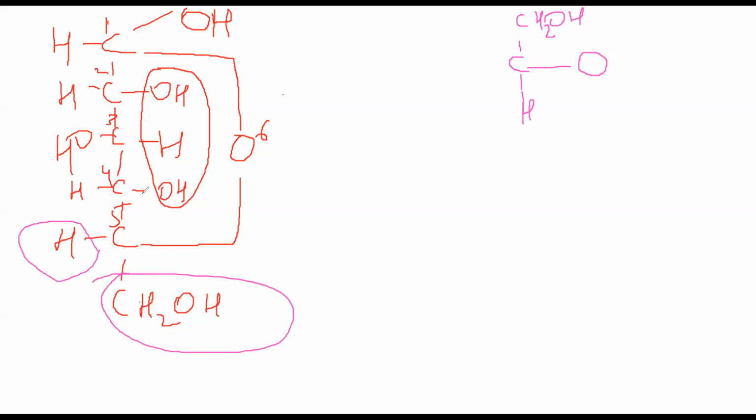So oxygen is bound to this carbon. We are drawing this way. So this is the 5th carbon. This is the 6th carbon. This is the 6th member in the ring. Please be careful of that. This is the 6th member in the ring. That is the 6th carbon. All right. So that is that.